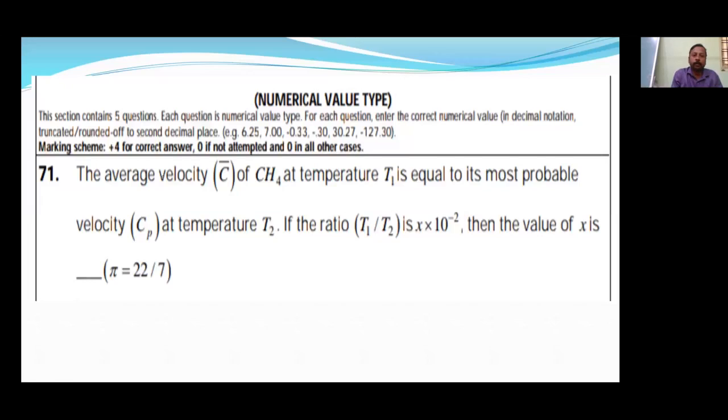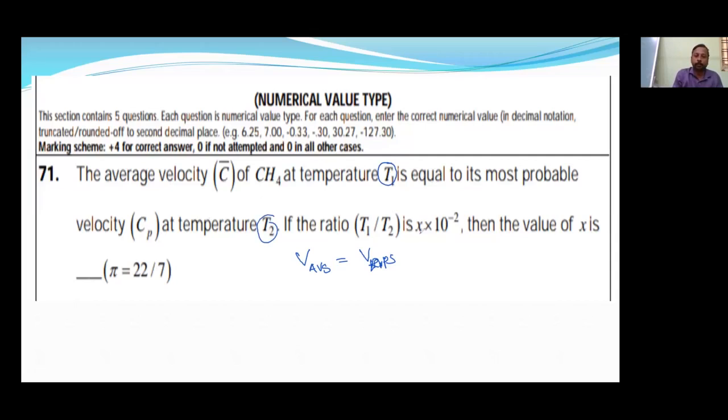Next, average velocity of CH4 at temperature T1 is equal to most probable velocity at T2. The same question we have discussed in our classroom. So what you have to do is equalize the average velocity and the most probable speed. Write the formula where T1 and T2 are there, and the molecular mass will get cancelled.